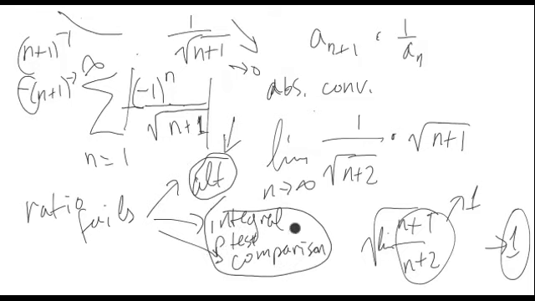However, does it conditionally converge? That's when we go to this test. This is the one test that we really have for conditional convergence right now, other than just finding a formula for the nth partial sum and taking a limit.